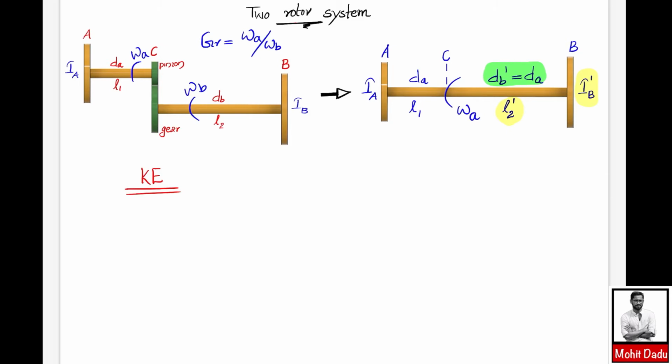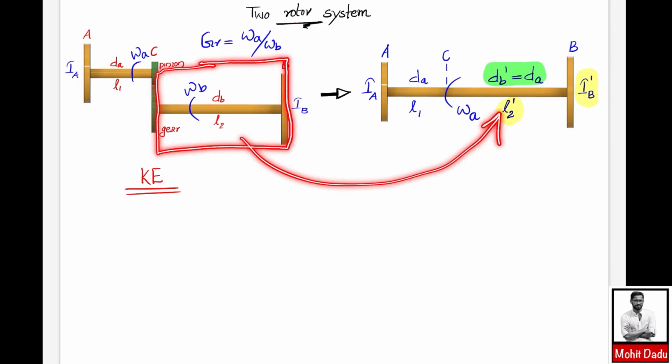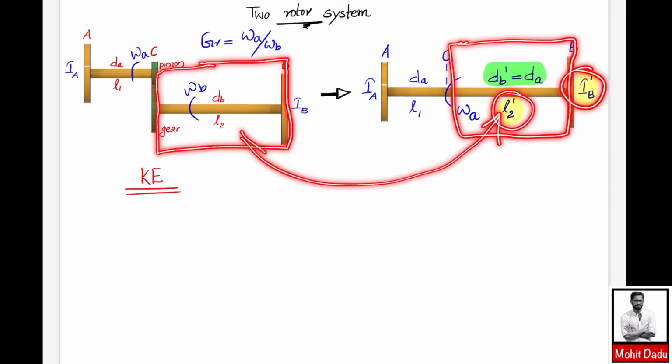For these 2 systems, the first part is similar. That means DA, L1 length having mass moment of inertia IA is coming up to this much part also. So equivalency comes in the case of the second part. That means here the DB diameter, L2 length, IB mass moment of inertia is becoming this much part in the 2 rotor system. That is the DB dash, that is equal to diameter DA, L2 dash and IB. So you can equate the kinetic energy of these 2 systems.